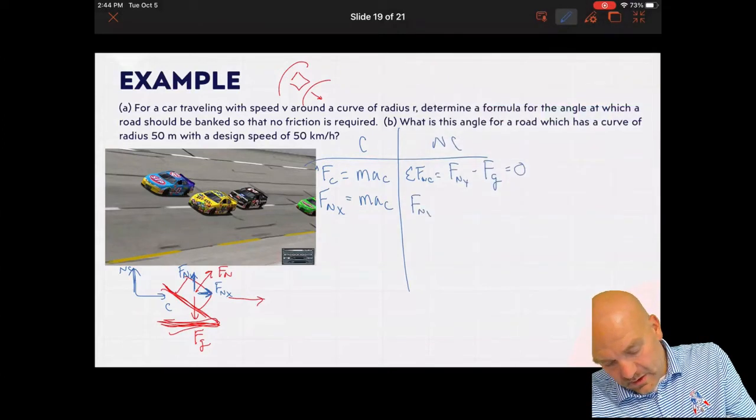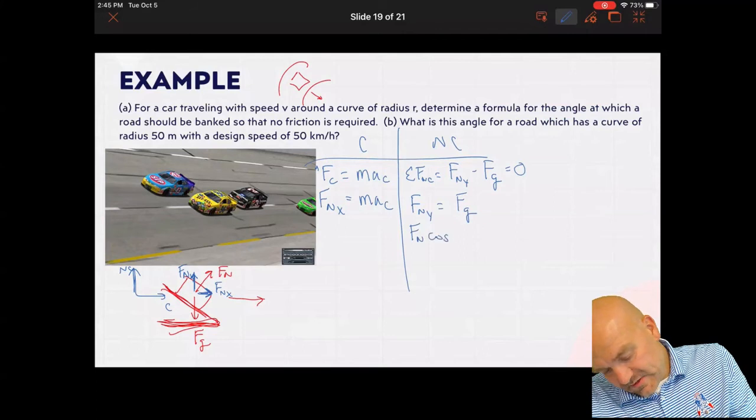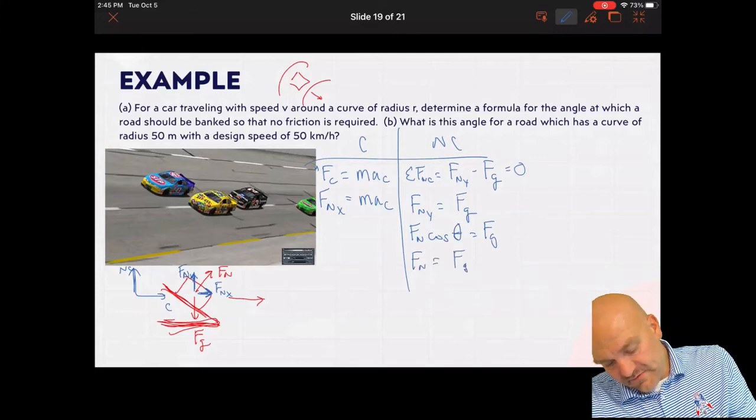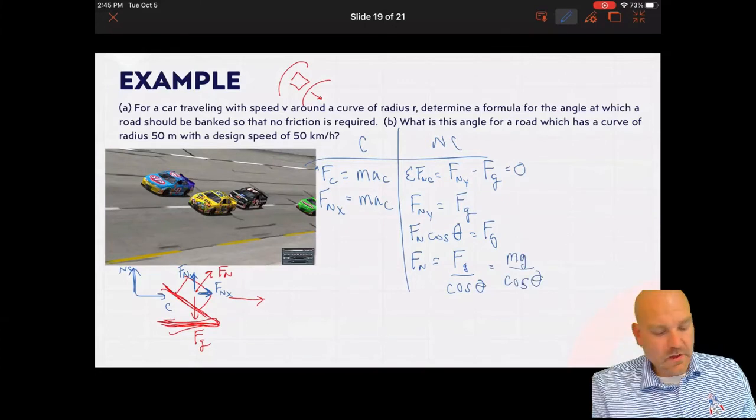And so I have FNY equals FG, but FNY is going to be FN cosine theta. Okay, and so that makes FN equal to FG over cosine theta, or MG over cosine theta.